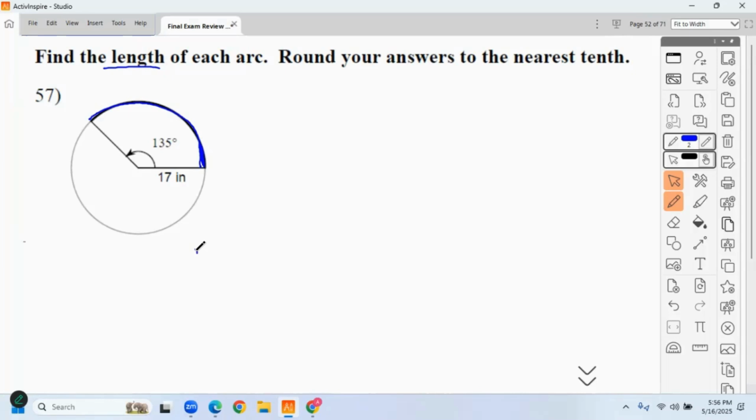Now, let's go ahead and find the circumference real quick. Circumference is equal to 2 pi r, which is equal to 2 pi times, radius is 17, right? Okay. So this is going to give us 106.8 inches.